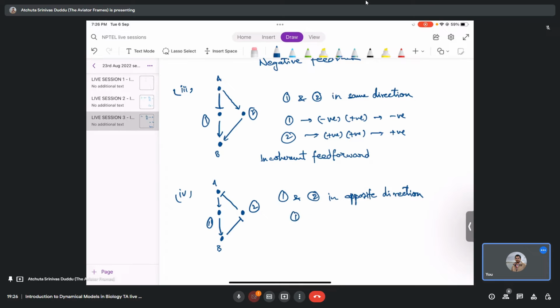And 1 is positive times positive, which is positive. 2 is negative times negative, which is again positive. So we have a positive feedback motif here, right?